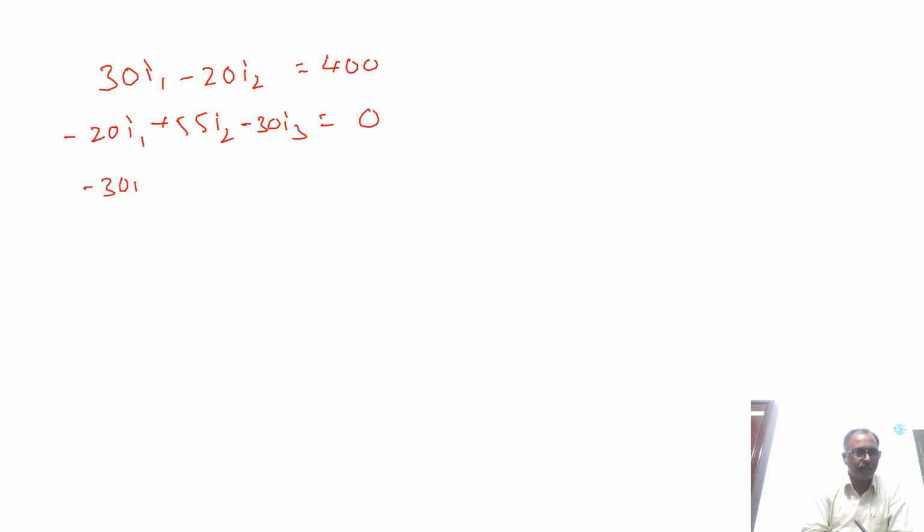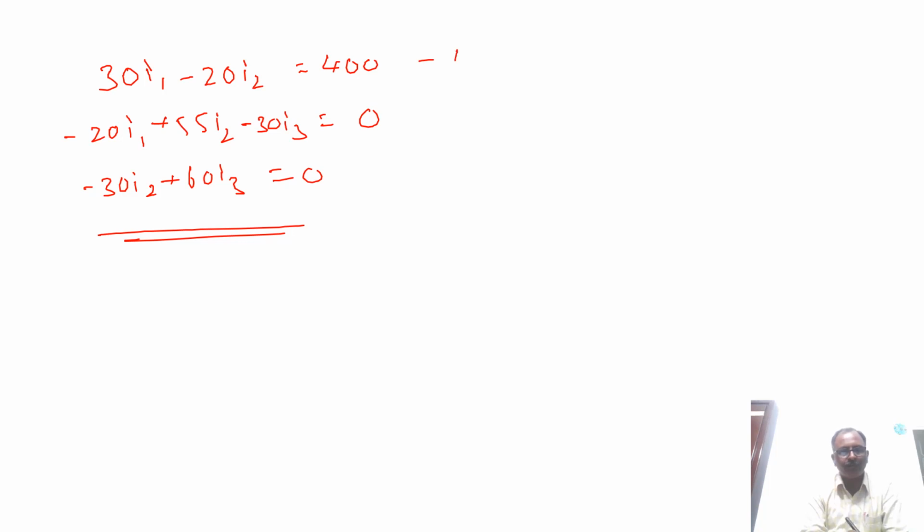The third one is minus 30 I2 plus 60 I3 equal to 0. So we are having 3 equations and 3 unknowns I1, I2 and I3. Now if you solve these 3 equations, then we can get the I1 value, I2 value and I3 value.